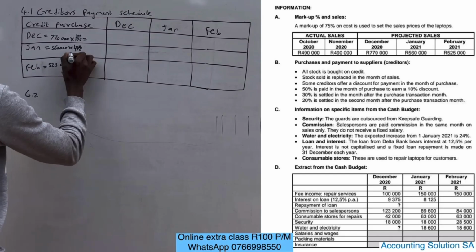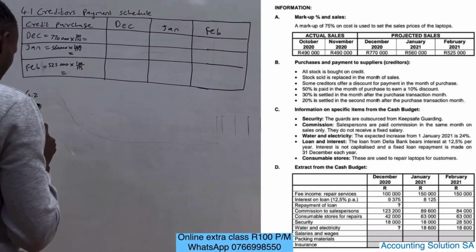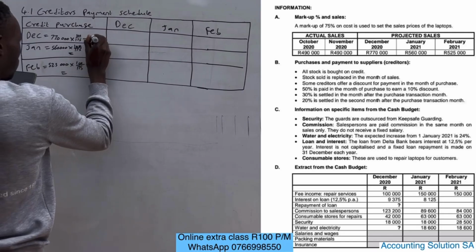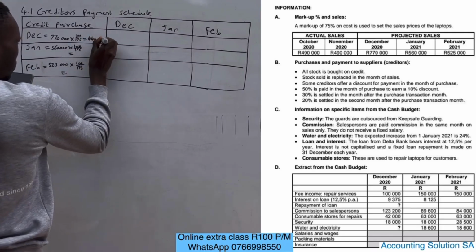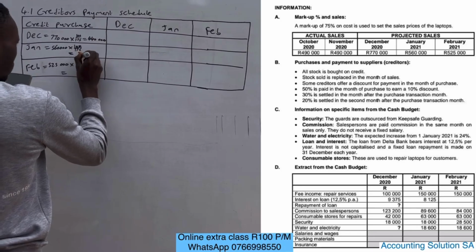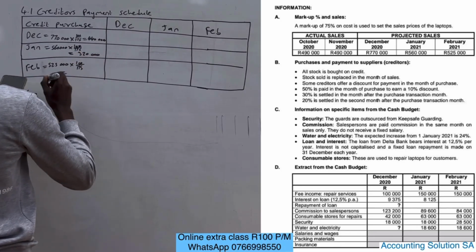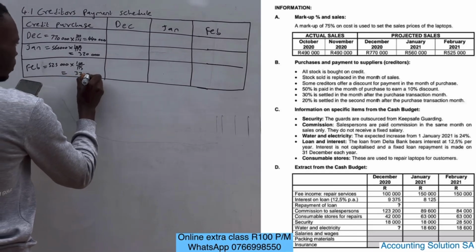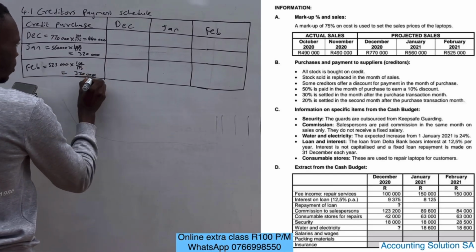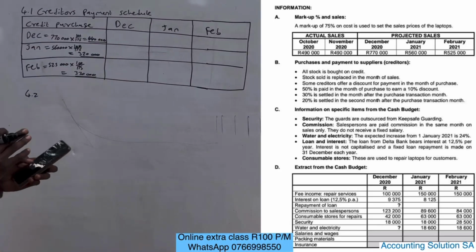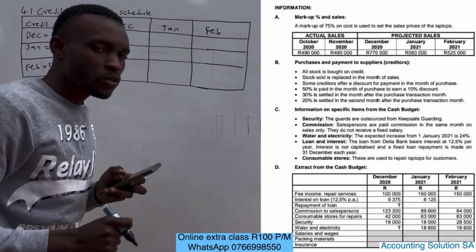Let's first get the answers here. December is 440,000, January is 320,000, and February is 330,000. That's our answers. You need to make sure that you show this calculation so that you can get marks.